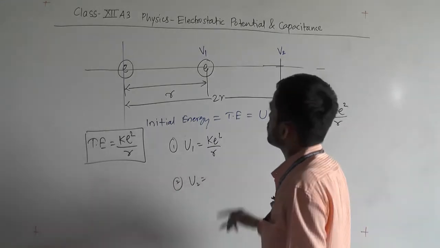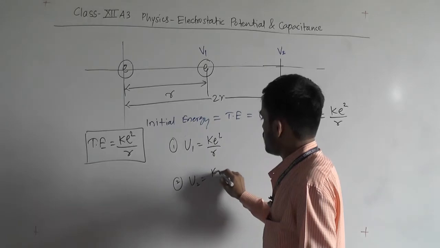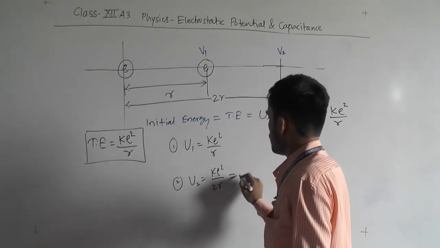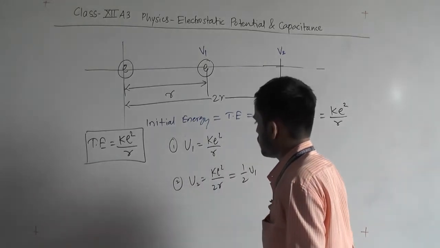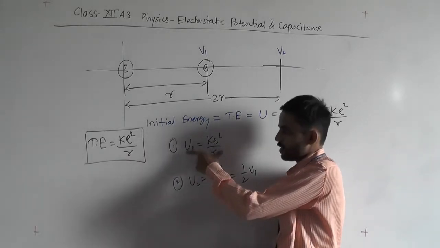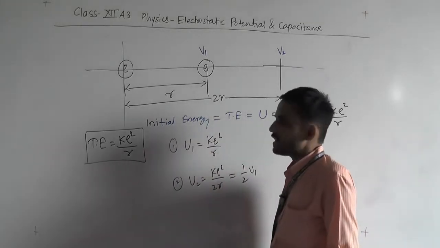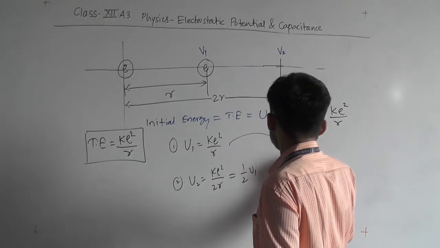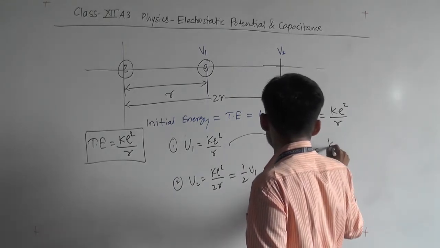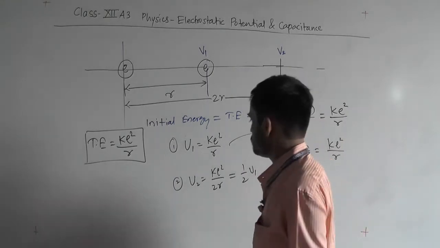If I keenly observe, then I will get U2 is K E square upon 2R. That is half of U1. So half of the total energy or potential energy got converted into kinetic energy.